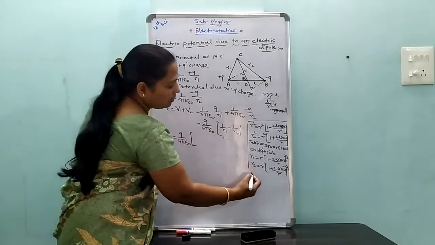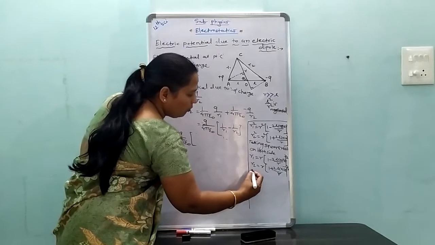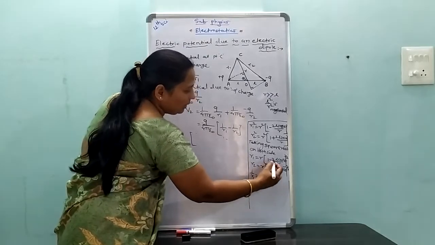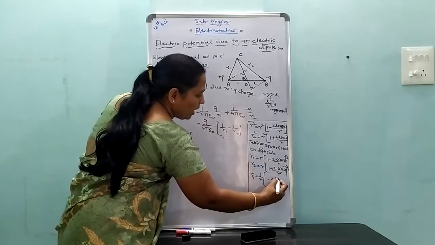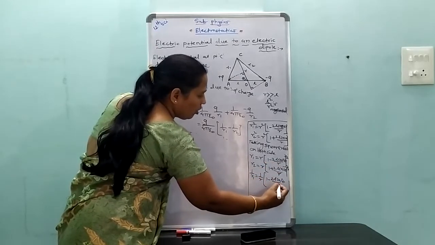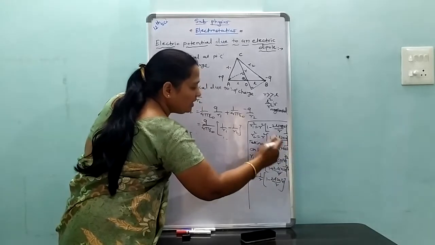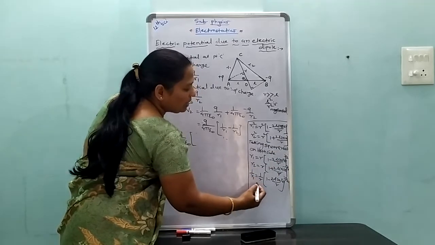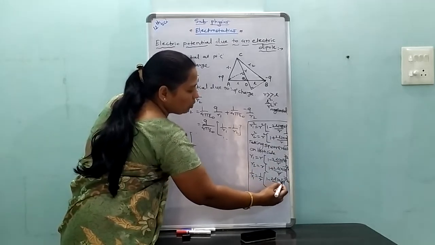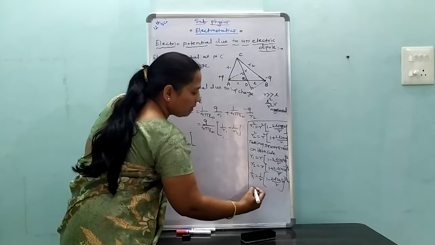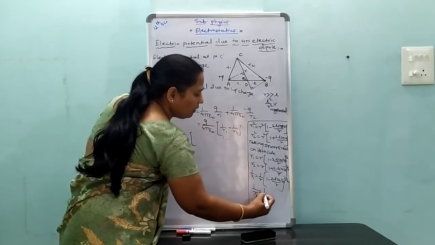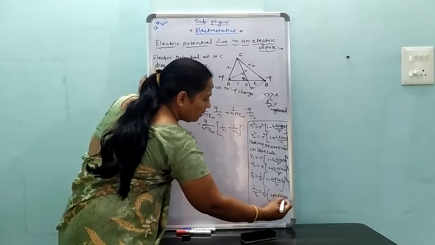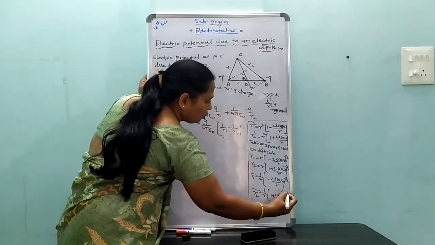To calculate the value of 1 upon R1, it is equal to 1 upon R in bracket 1 minus 2L cos theta upon R bracket raised to power negative half, since it is in the denominator. Hence 1 upon R1 is equal to 1 upon R in bracket 1 minus 2L cos theta upon R bracket raised to minus half. Similarly 1 upon R2 is equal to 1 upon R in bracket 1 plus 2L cos theta upon R bracket raised to minus half.